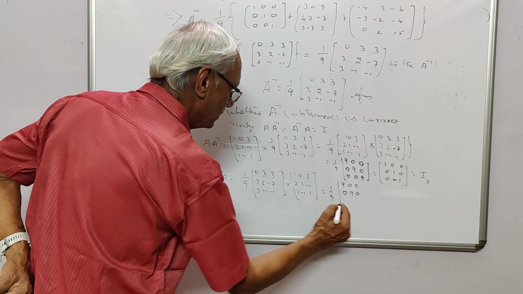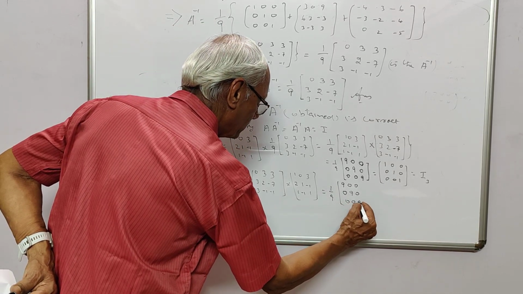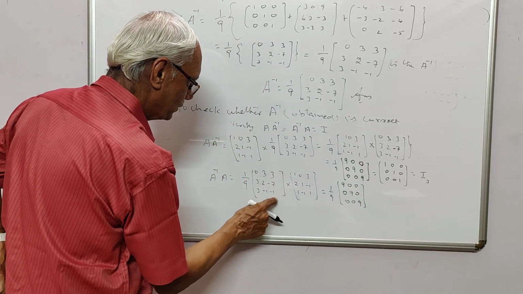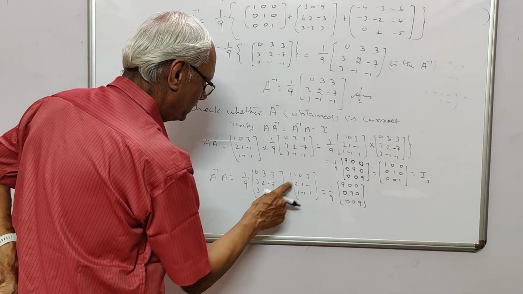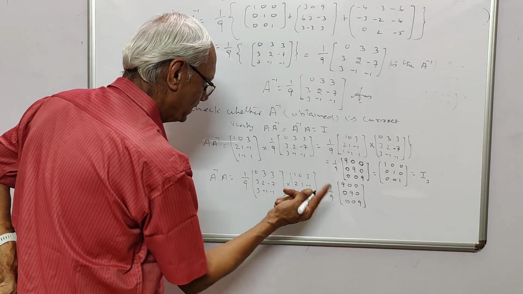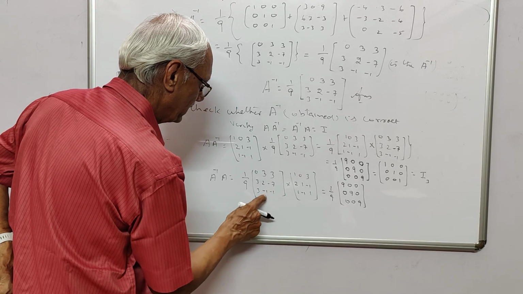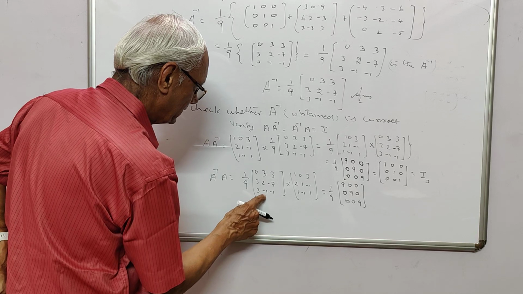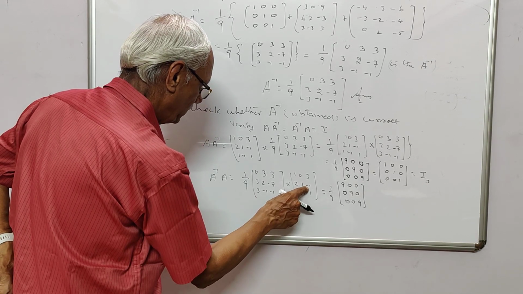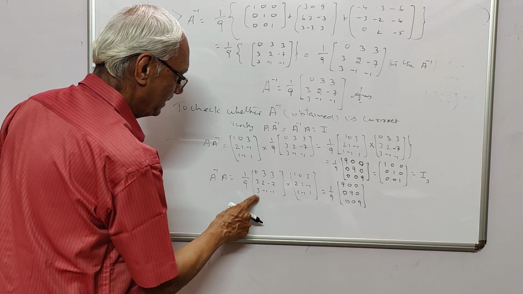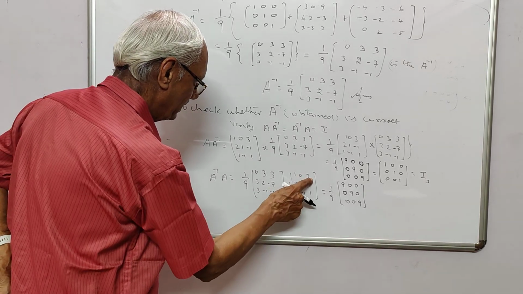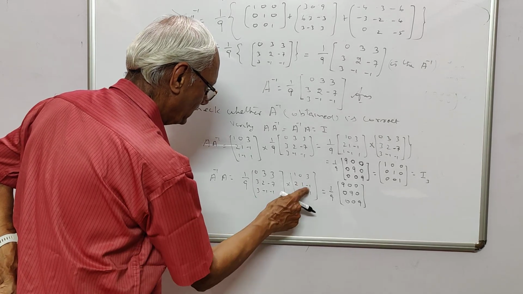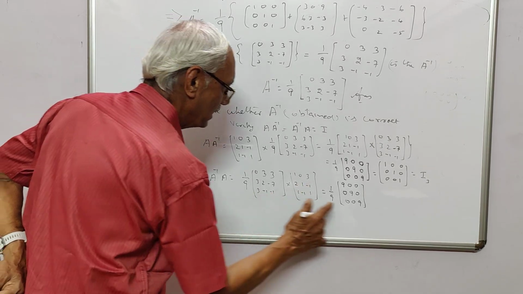And then 3 into, see, this will be 0, let us check now. 3 into 1 is 3, minus 2, minus 3 is 0, 3 into 0, minus 1, plus 1, 0. 3 into 3 is 6, this is minus 1, plus 1, then how much will you get here? 3 3s are 9, and this is minus 1, plus 1, see, this is plus 1 and this is minus 1, will give you 9.